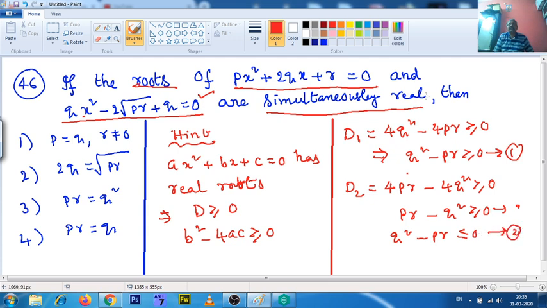But what is given, very important, is simultaneously real. From the first equation, q square minus pr greater than 0 means absolutely real. But in the case of the second equation, q square minus pr becomes less than 0, so that condition needs to be rejected. So to satisfy both simultaneously, q square minus pr must be equal to 0. In the second case also, q square minus pr must be equal to 0.